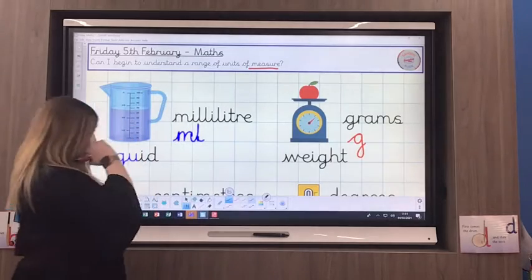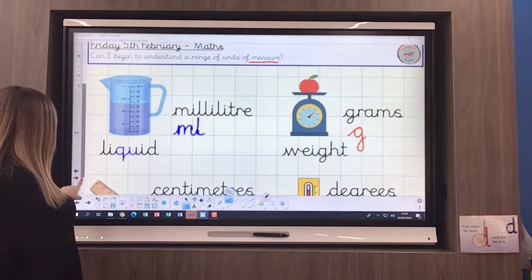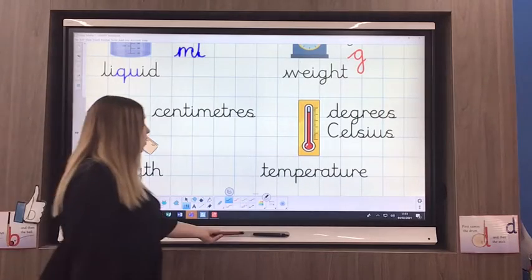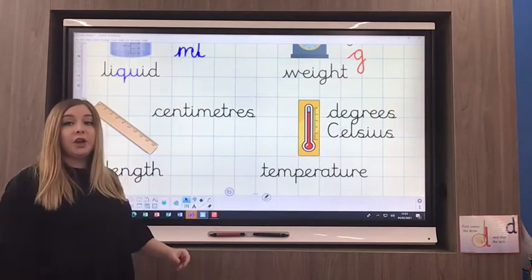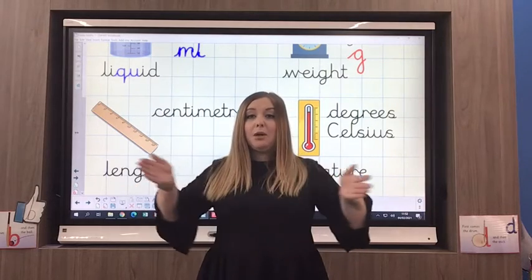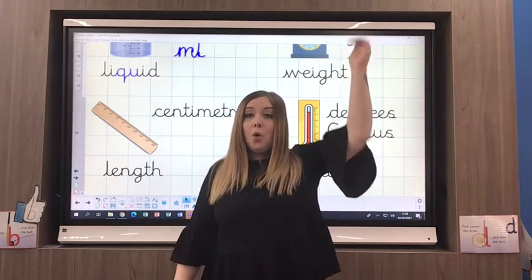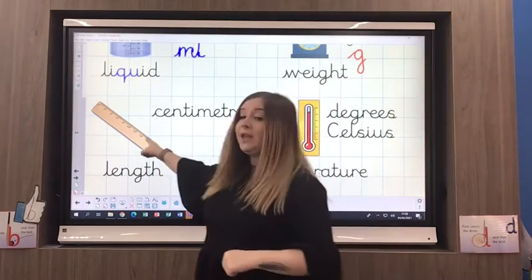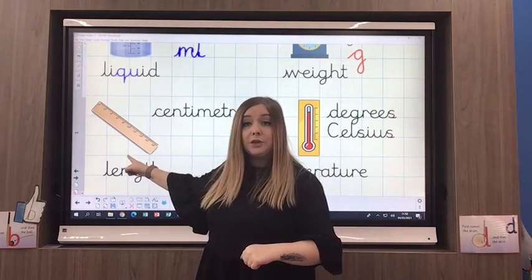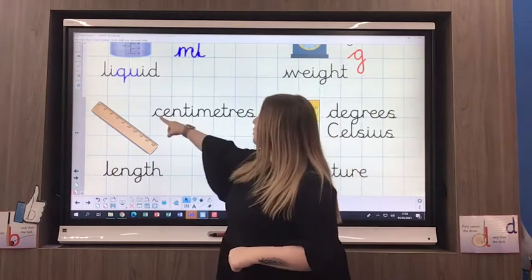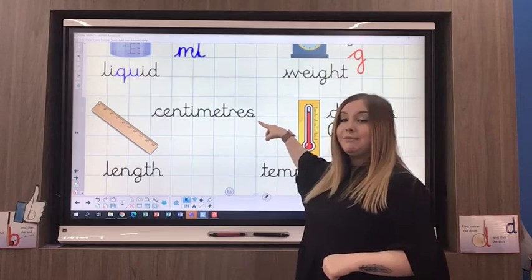Okay, let's have a look at our next two then, Year 4. So we can also measure the length of something, and the length is how long or how tall something is. And we use a ruler for this, just like the rulers we use at school. And when we're using a ruler, we measure using centimetres.